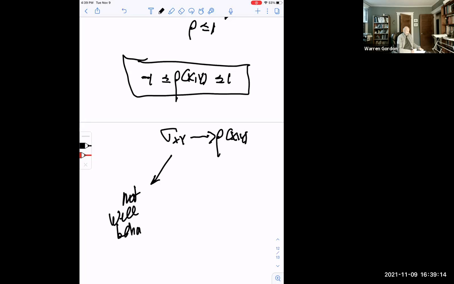It can take on any value between -infinity and infinity, whereas rho of XY, which conveys the information you want about independence, about correlation, about being linearly related, is always a number between -1 and 1.